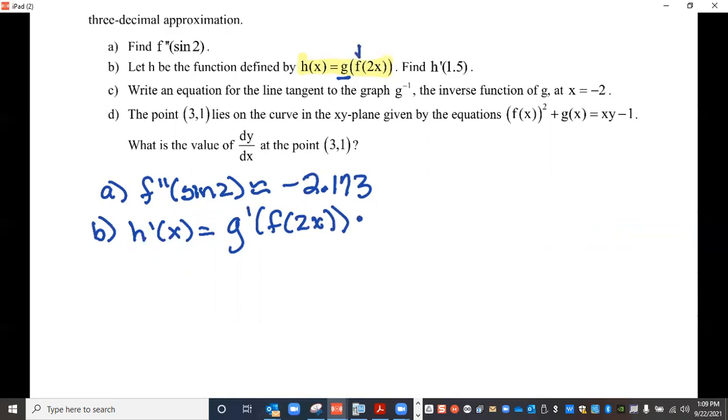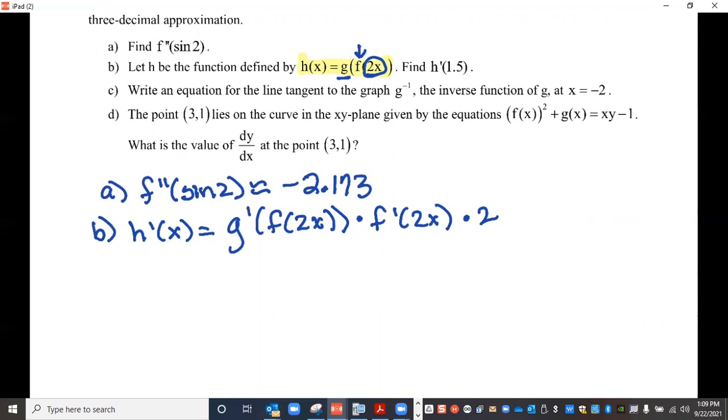The next function is f. So I'm going to multiply it by f prime of 2x. Times, finally, I'm all the way inside. What am I going to multiply all this by? I'm going to multiply it by 2. So any questions on how I applied the chain rule there?